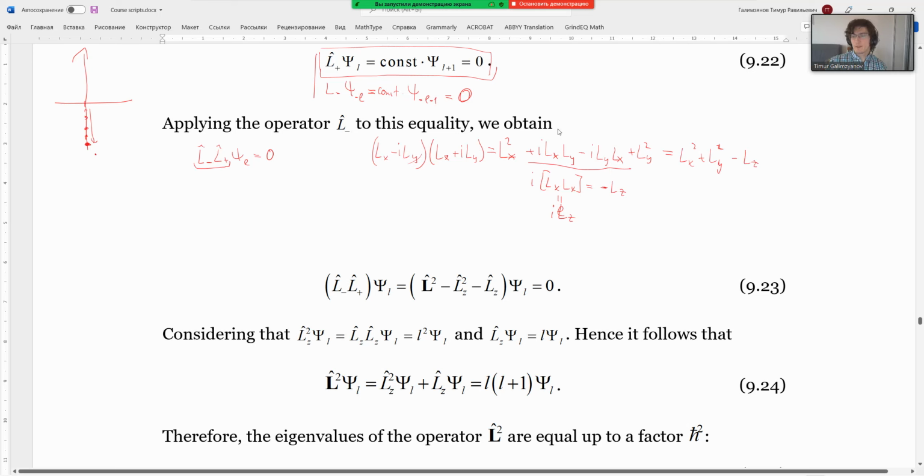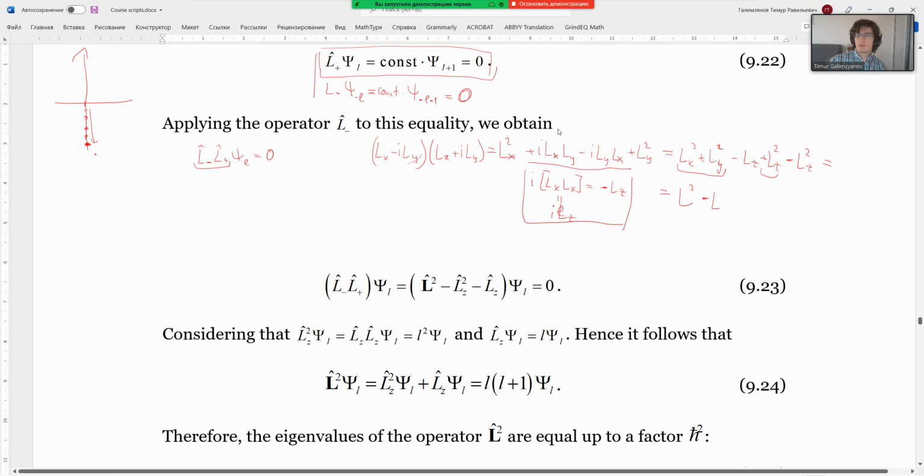We can add L squared here and subtract it, plus Lz squared minus Lz squared. And we see that Lz squared plus Lx squared plus Ly squared equals L squared.